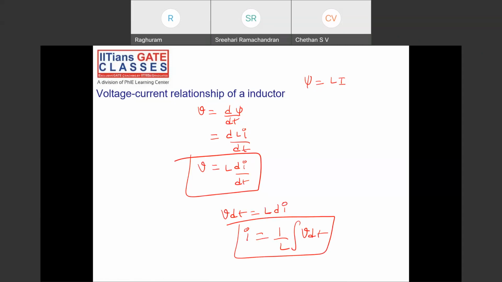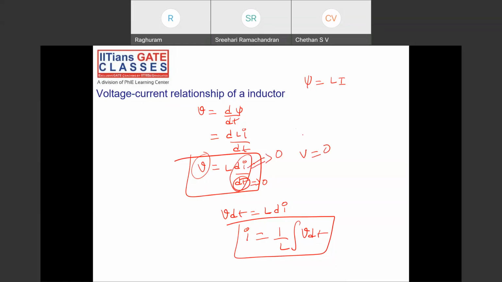From this, any sudden change in current, that is, any change in current at time 0, results in infinite voltage, which is not possible. Hence the inductor opposes any sudden changes in current. Also, if there is no change in current, di by dt is 0 and the voltage is 0.